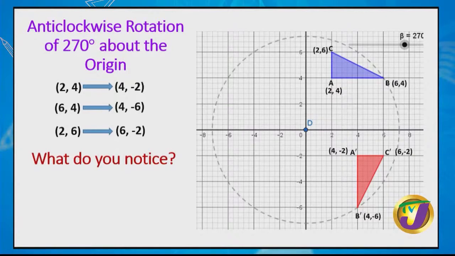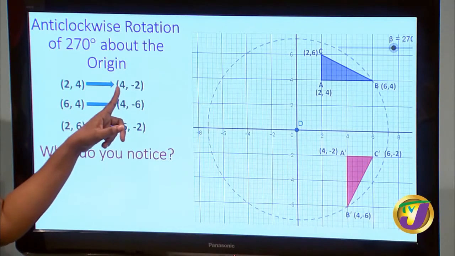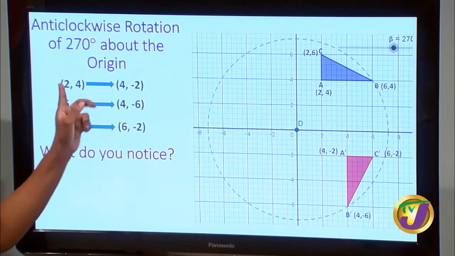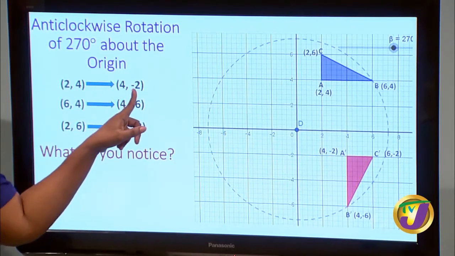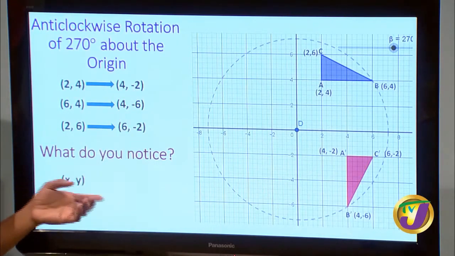We had 2, 4, and this y value of 4 is now my x value, and this 2, which was my x value, is now my y value, but it's the negative of it, or the opposite of it. All right, great observations.